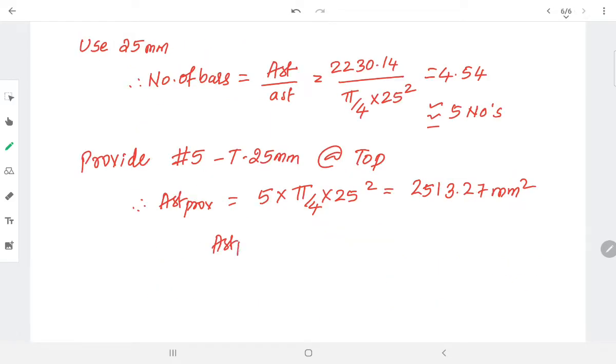So AST provided is greater than AST required. Hence you can say it is a safe reinforcement. Either you may provide a different diameter also, it is left to you.